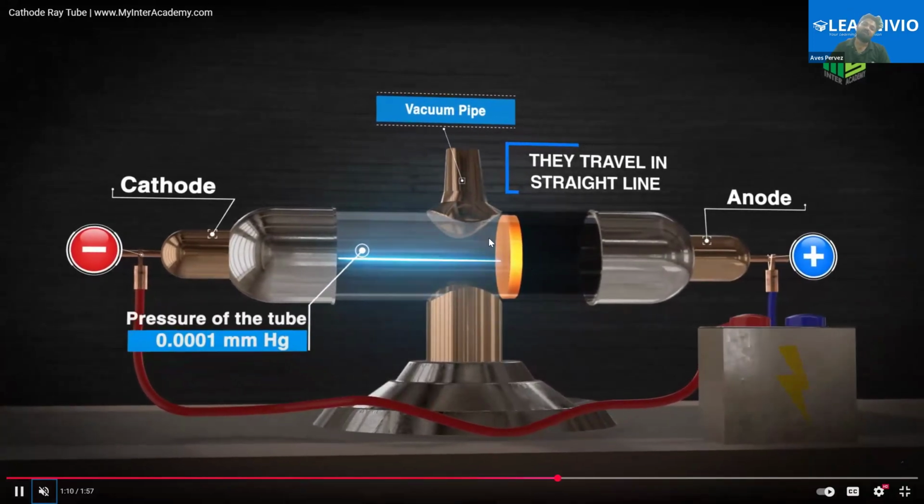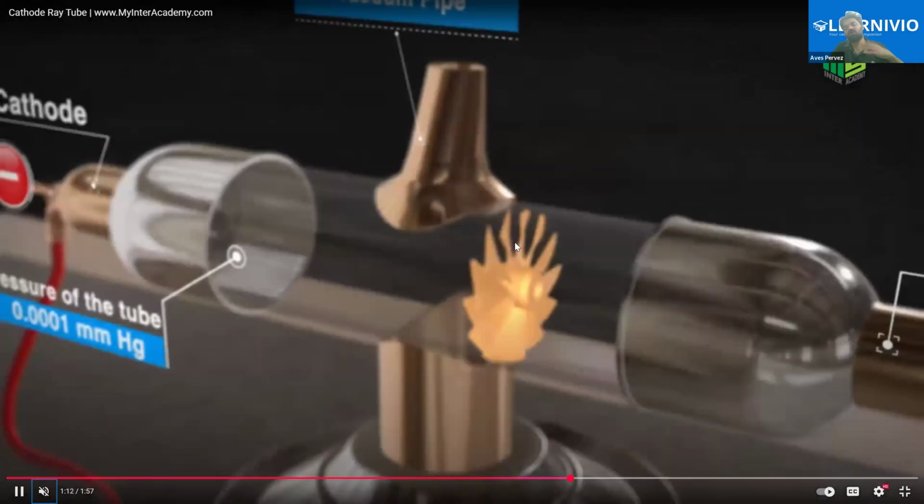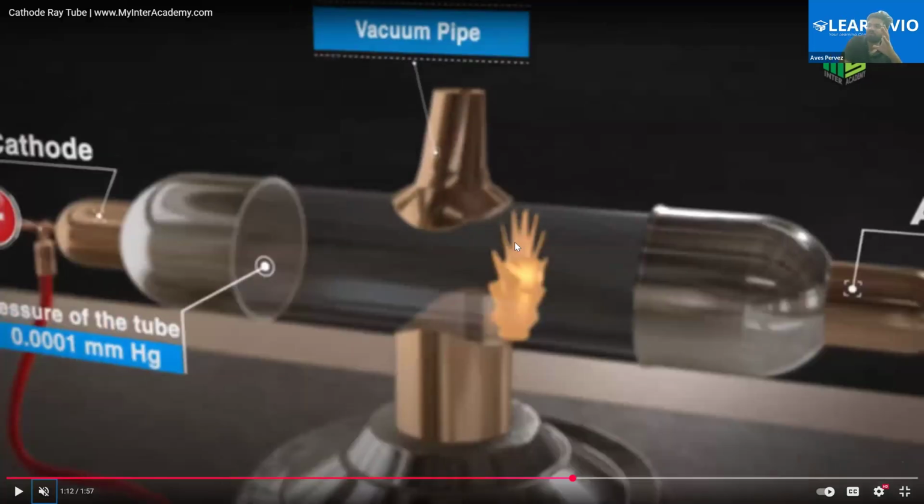If an object is placed, the shadow is always made on the opposite side of the light. When we put a heavy metal plate, it forms a shadow towards the positively charged rod, indicating that the rays are coming from the negatively charged rod.